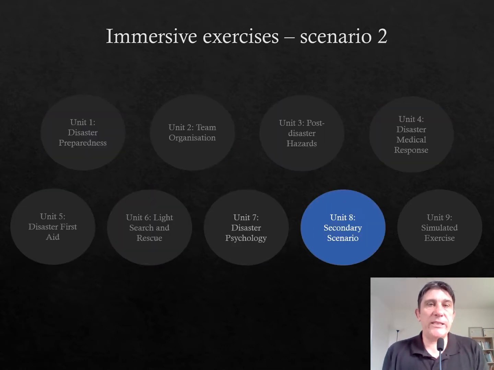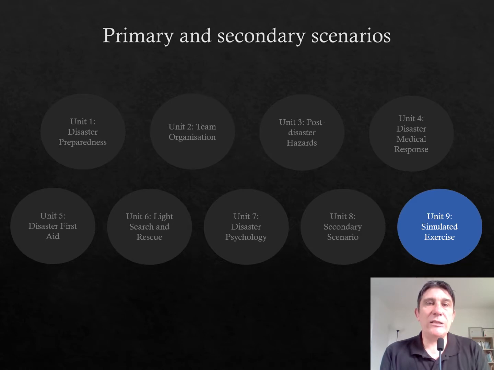Now, the secondary scenario will be presented in Unit 8, and the course participants will learn and practice a different set of skills to respond to that scenario. Now, the final simulated exercise will be built around the primary scenario, as it requires search and rescue, triage, and medical care. Although, if possible, the secondary scenario might be included as an inject in this simulated exercise.